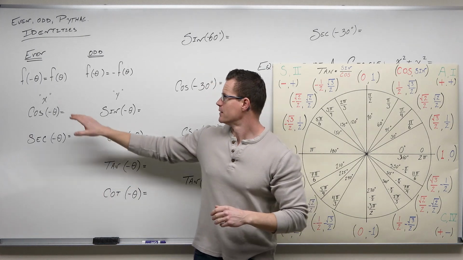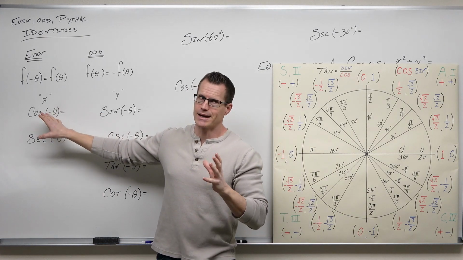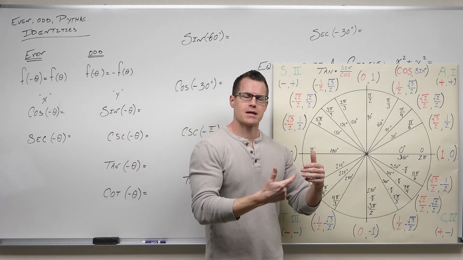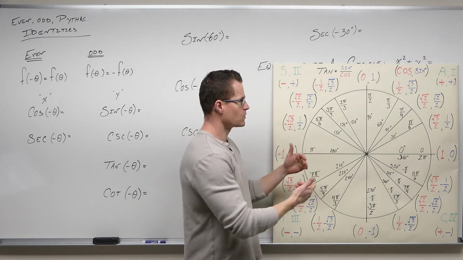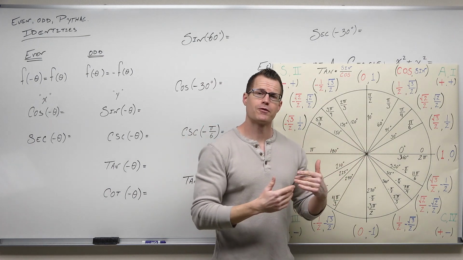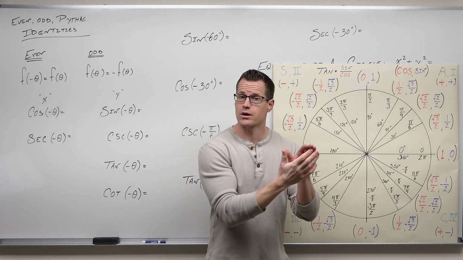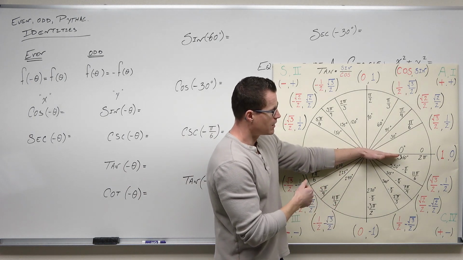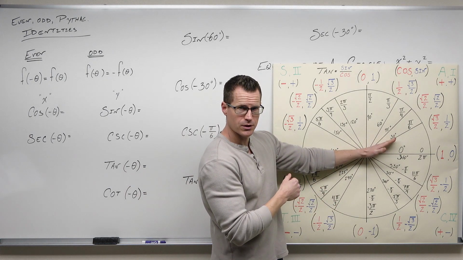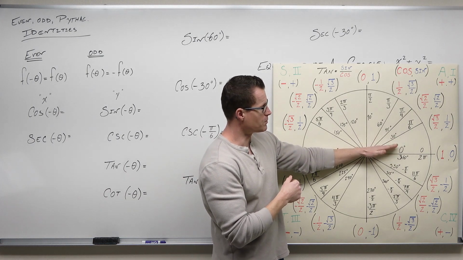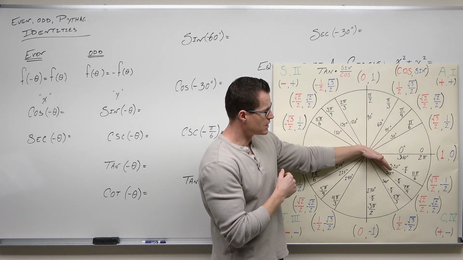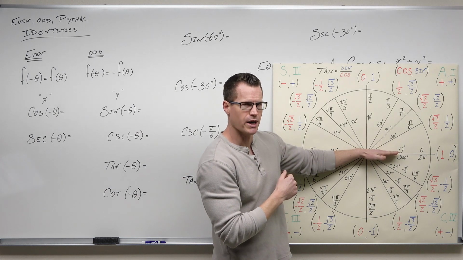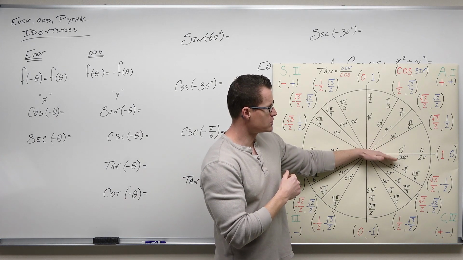Sine is y. So let's look first at our x coordinates, our cosine thetas. Let's look at positive 30 degrees, negative 30 degrees, or positive pi over 6, negative pi over 6. Look at your x coordinates, they're in red. So that's square root of 3 over 2 and square root of 3 over 2.